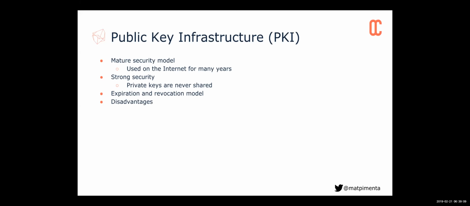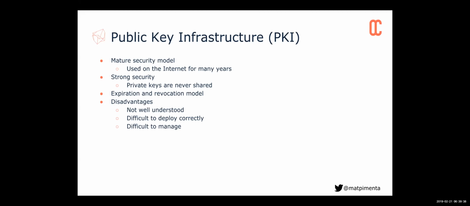However, PKI has some disadvantages, and I think that's where people actually get scared. It's not really well understood. That's probably not PKI's fault, it's more on the implementation. If you try to do it directly, or roll out your own PKI, it's difficult to get it done correctly.